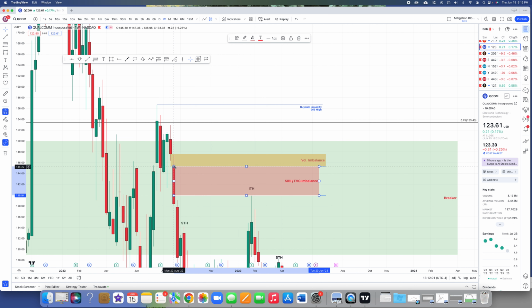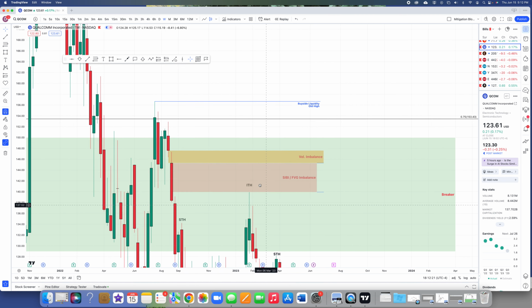But I think it's more along the lines of this. And then these candles right here, there's literally no body. So that's what I mean by a volume imbalance. There's no volume, no bar closing up here. It needs to have trading volume up there, and that's why it's imbalanced.